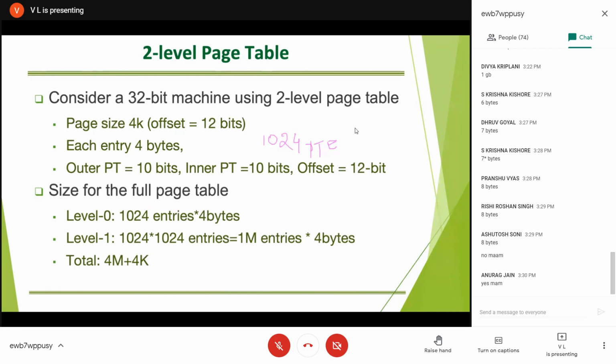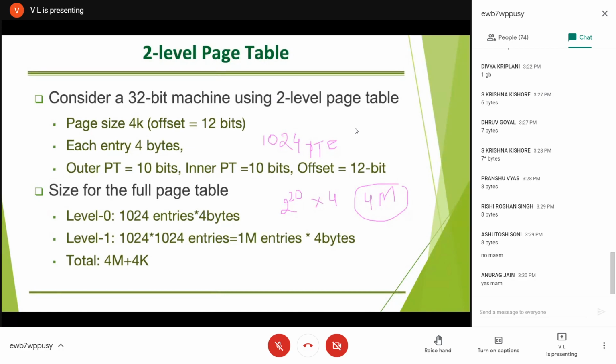Now you can contrast it against a 1-level page table. If it was a 1-level page table, then of course this 10 plus 10 would be an index into a physical page table. So the page table will require 2 raised to power 20 entries, and each entry will be 4 bytes. That will be 4 megabytes.